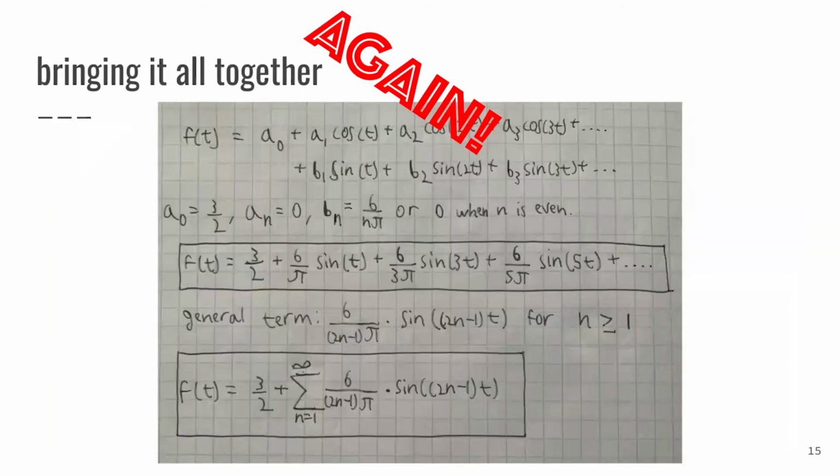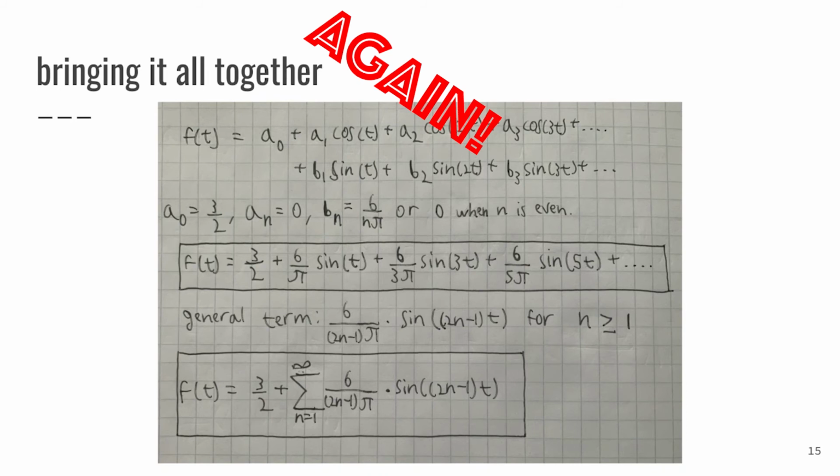So now that we know that a of 0 equals 3 over 2, a of n equals 0, and b of n equals 6 over n pi when n is odd, we can finally find the series for the square wave function. So the first 4 terms of the series are 3 over 2 plus 6 over pi times sine t, plus 6 over 3 pi times sine 3t, plus 6 over 5 pi times sine 5t.